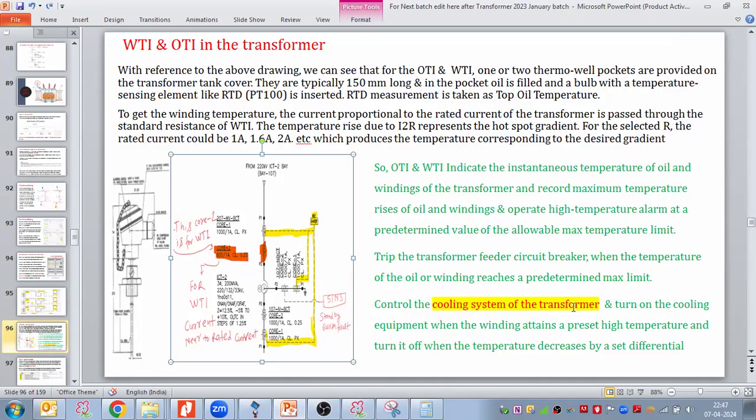Control the cooling system of the transformer, meaning we have the fan and pump. Those fans and pumps are controlled by this OTI and WTI, which turn on the cooling equipment when the winding attains a preset high temperature, and turn it off when the temperature decreases by a set differential value.